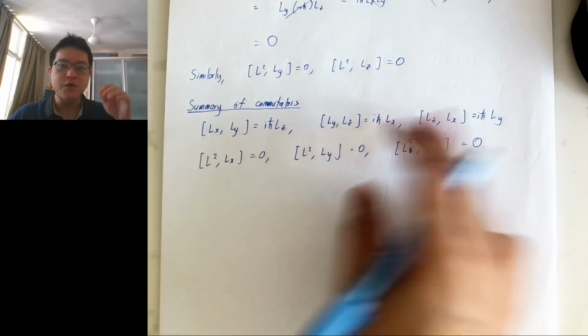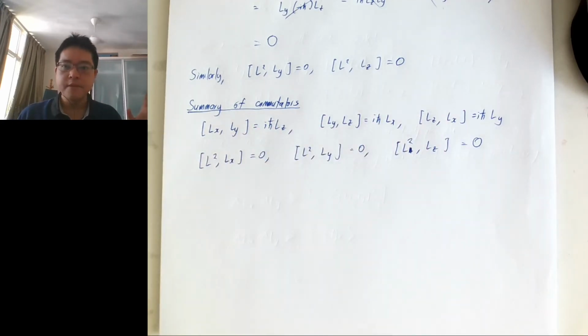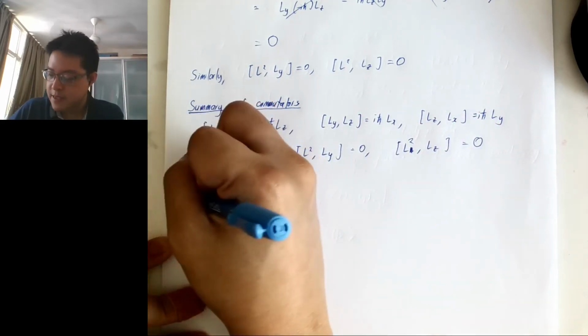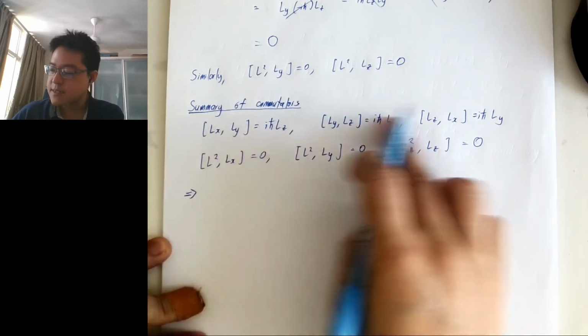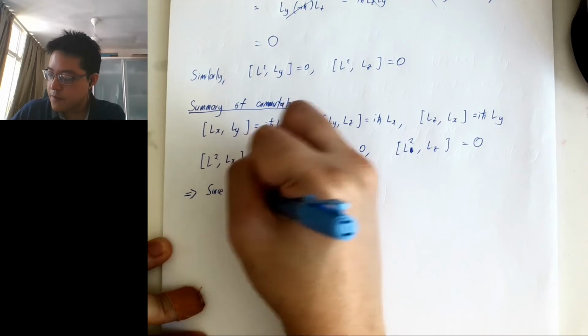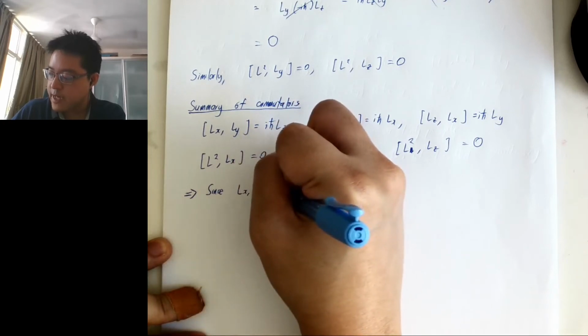So to describe the eigenstates, now that we know that Lx, Ly and Lz do not commute, then we don't need to worry about them. Since all of them do not commute, they do not share the same eigenstate.